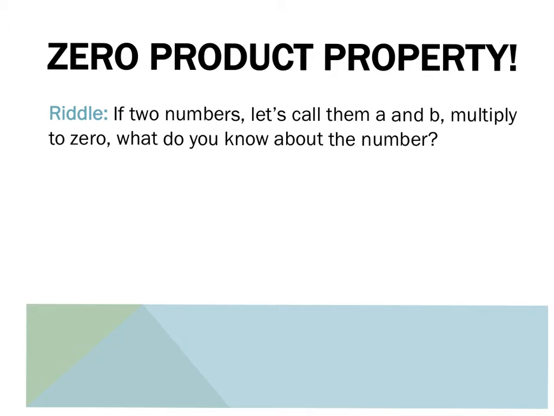When we're solving quadratic equations today by factoring, we use what's called the zero product property, which basically says if you have two numbers and they're multiplied to become 0, so let's say a times b equals 0, well, either one of them has to be 0 or both of them have to be 0. So since it's a product, multiplication, we split this up and say that either a equals 0, or b equals 0, or both of those could be true.